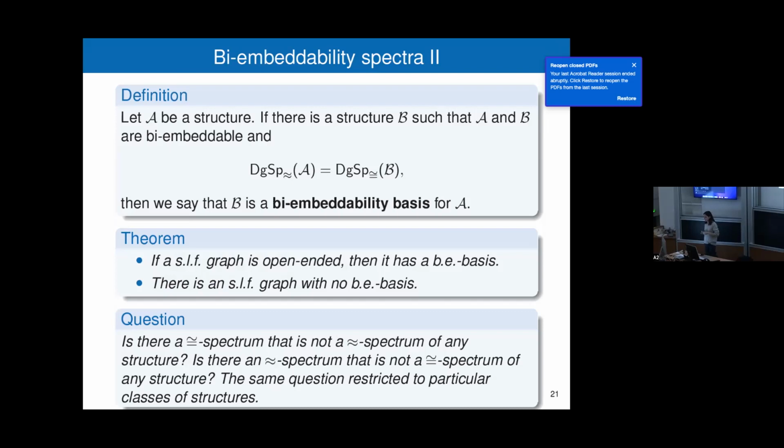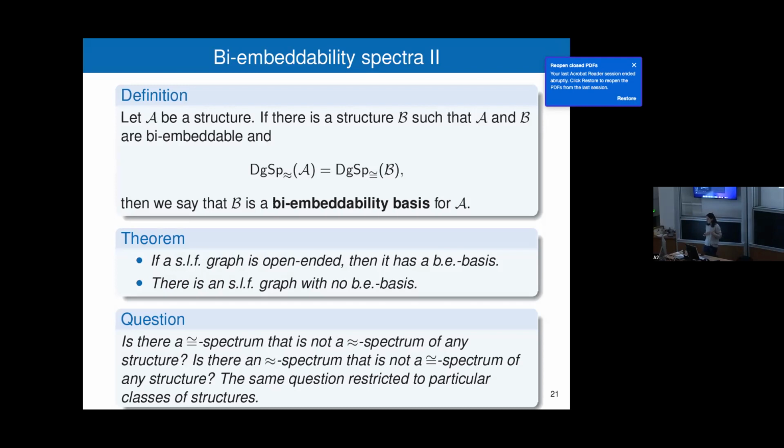So it might be the case that the structure is not bi-trivial, in the sense that not necessarily all the bi-embeddable copies are isomorphic. It might have different kinds of bi-embeddable copies, but looking at the isomorphism spectrum of one of them, we already get everything. And this is what happens for these open-ended graphs.